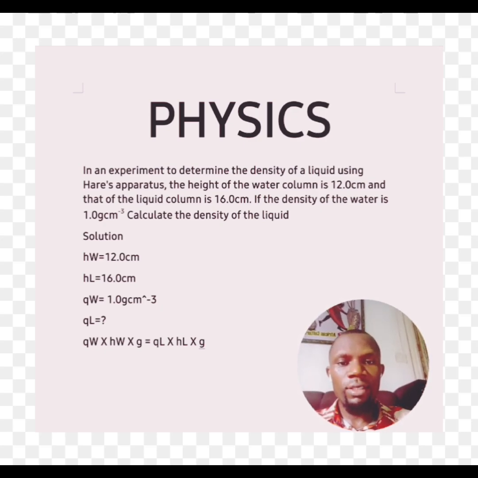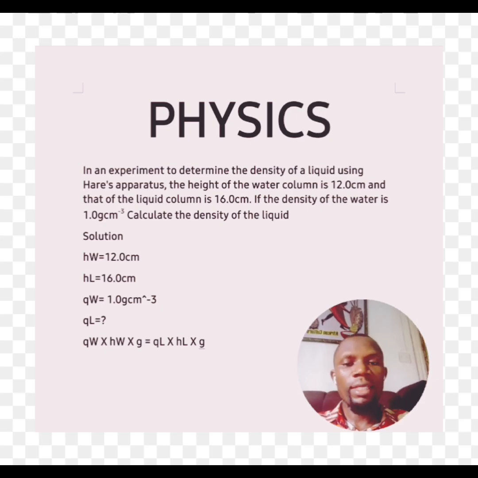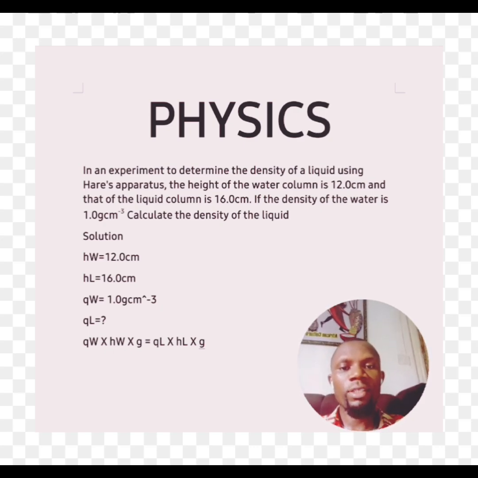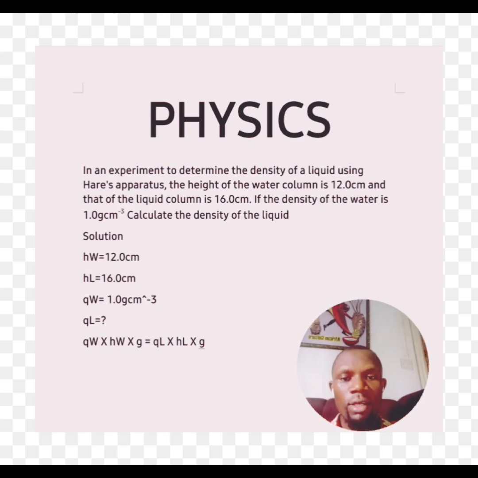If you look at this particular formula very well from Hare's apparatus, you discover that we have gravity. I know that gravity is constant, which is 9.8 meter per second square. You understand? So gravity will cancel, because it's constant. Okay, let's proceed.